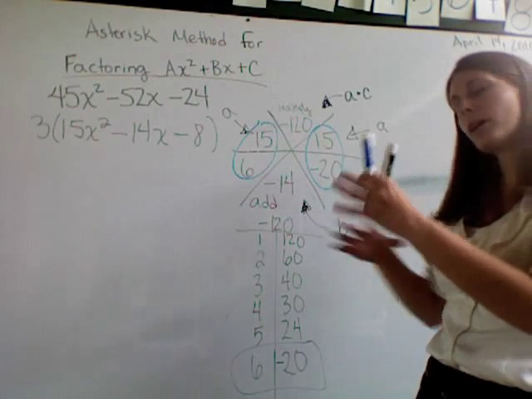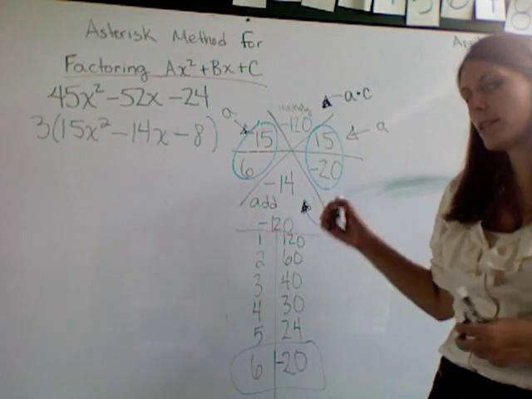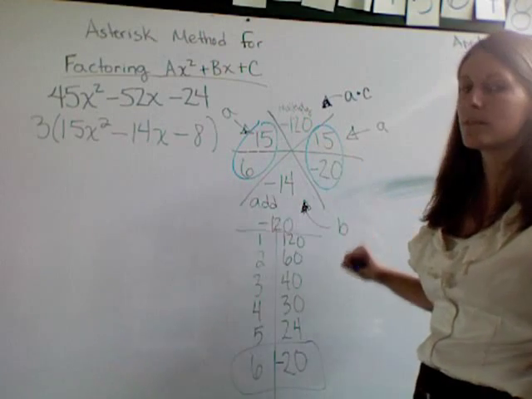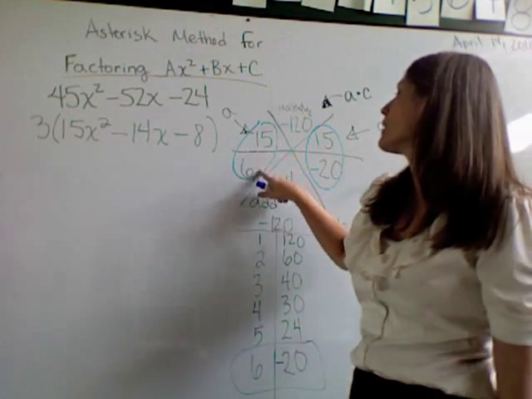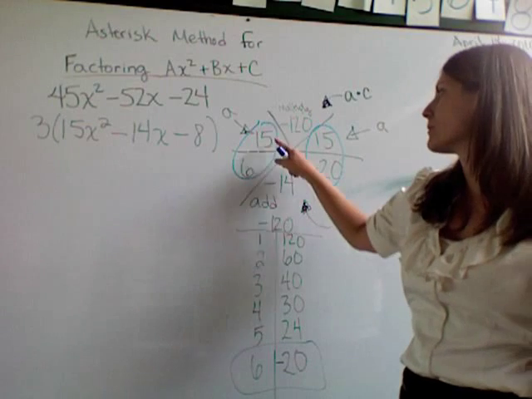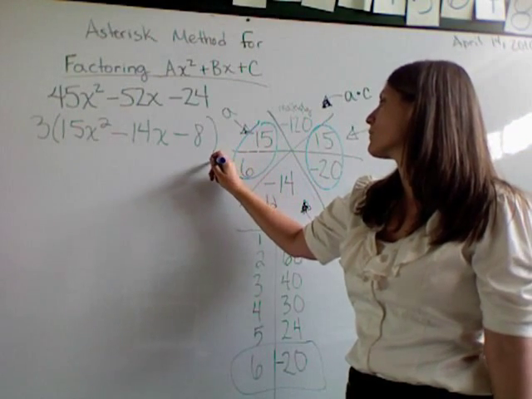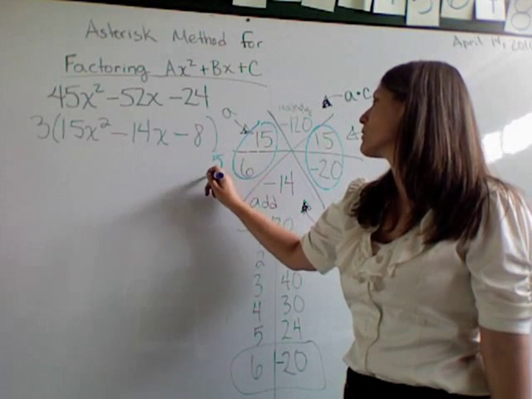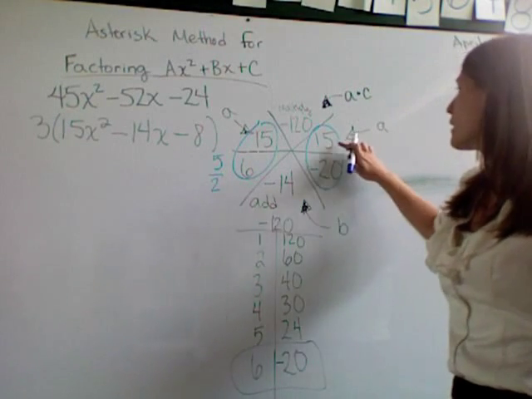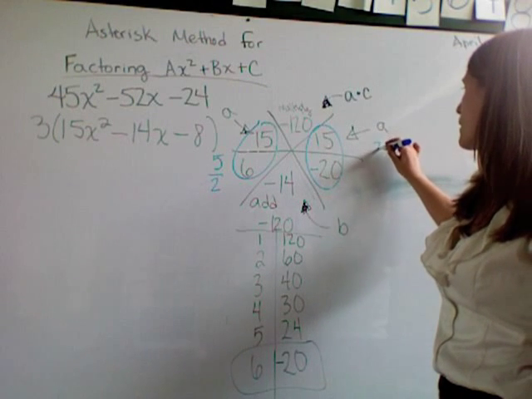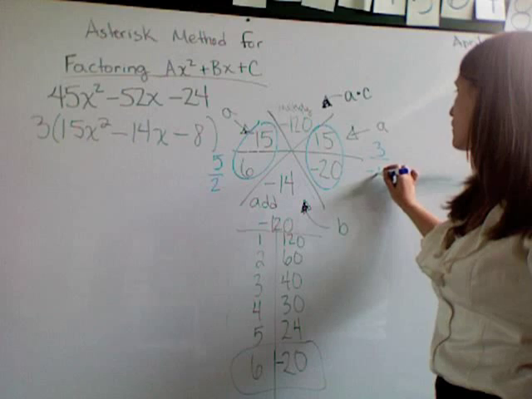Before I can write my factors though, there's one last thing I need to do, and if I can simplify either of these fractions, I need to do that. Well, here I notice that 3 goes into 15 and 6, so I can divide each by 3 and I will get 5 over 2. Here, 5 goes into both of these, so I can get 3 over negative 4.